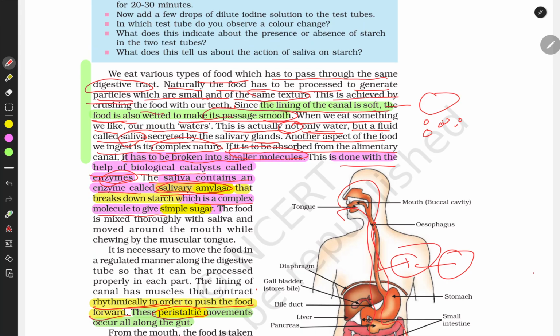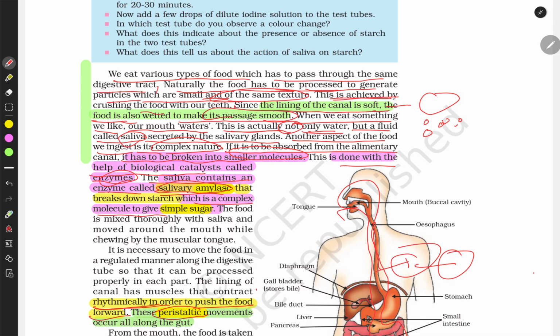We eat various types of food which have to pass through the same digestive tract. Naturally, the food has to be processed to generate particles that are smaller and of the same texture.